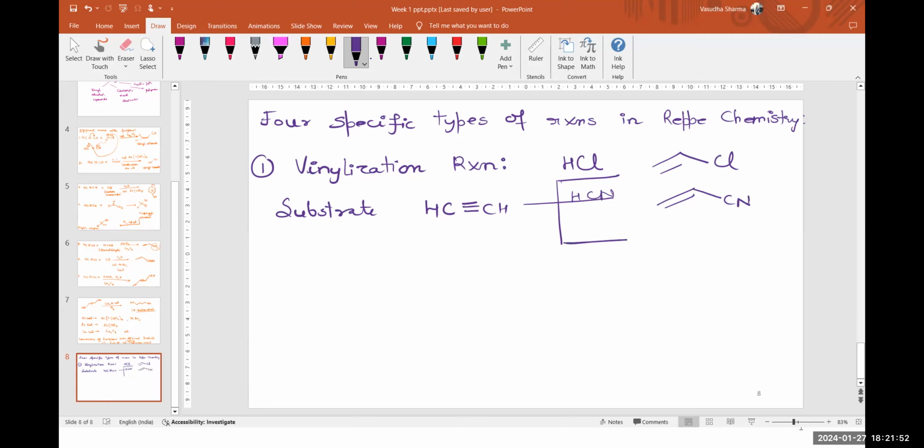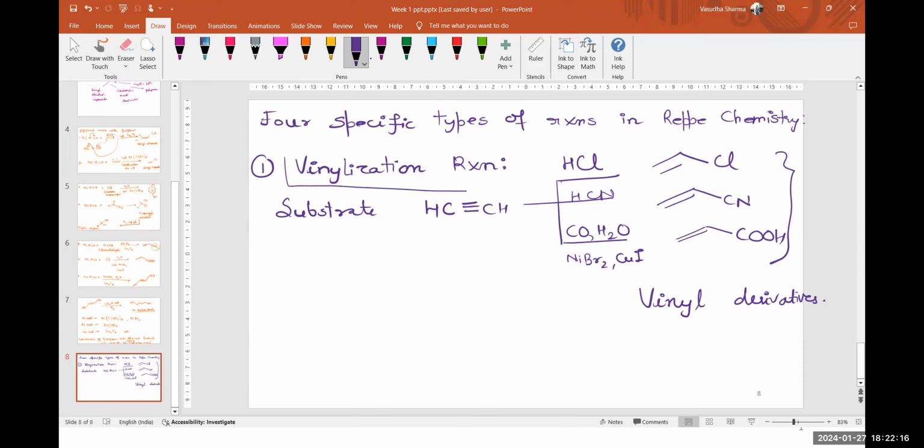If I give it carbon monoxide and water in the presence of nickel bromide and copper iodide, it will give me a carboxylic acid. So whatever substrates are formed here, these are the vinyl derivatives. So this particular type is known as the vinylization reaction.